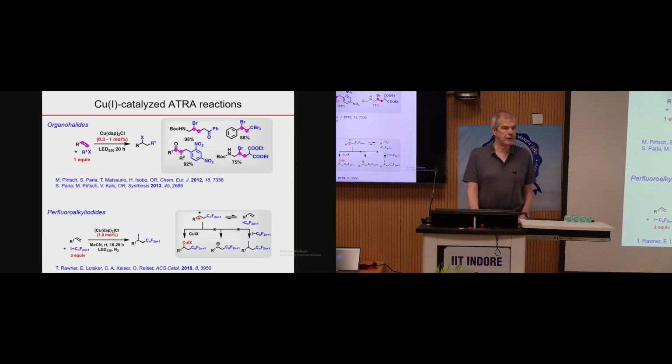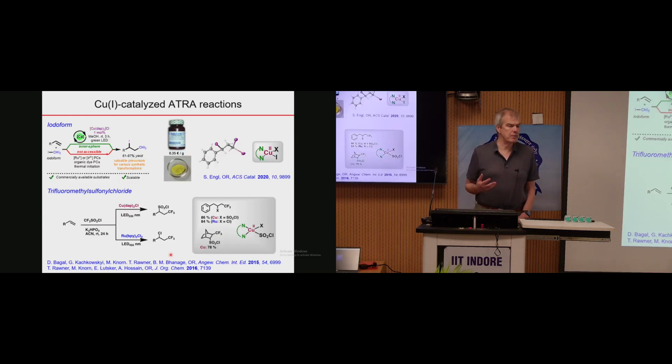This is hard to oxidize because it has this electron-deficient substituent on there. On the other hand, the radical chain mechanism might also be hard because the radical is hard and the iodide is soft, so that's probably also mismatched. In our opinion, we are trapping it with the copper iodide, and then after a reductive elimination we form these iodides, and that is really allowing us to do this chemistry. And iodides have always been very good for us.